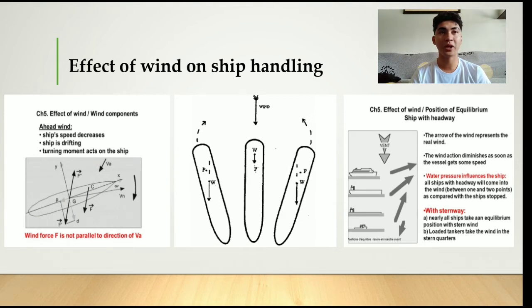The water pressure influences the ship so that all ships with headway will come into the wind, between 1 or 2 points as compared with the ship stopped. With sternway, nearly all ships take an equilibrium position with stern wind, and loaded tankers take the wind in the stern quarters.